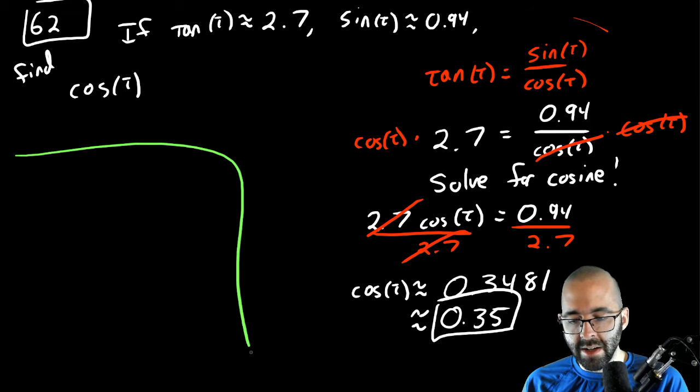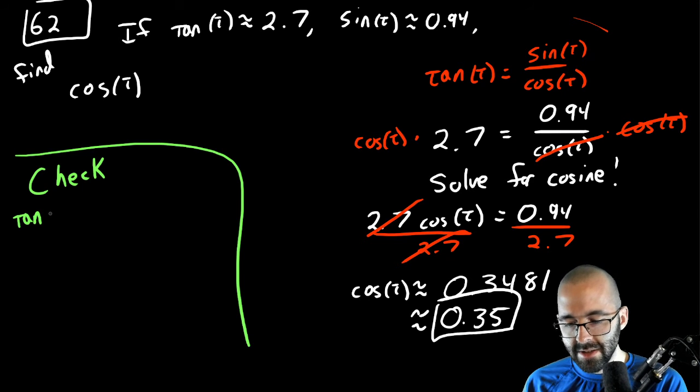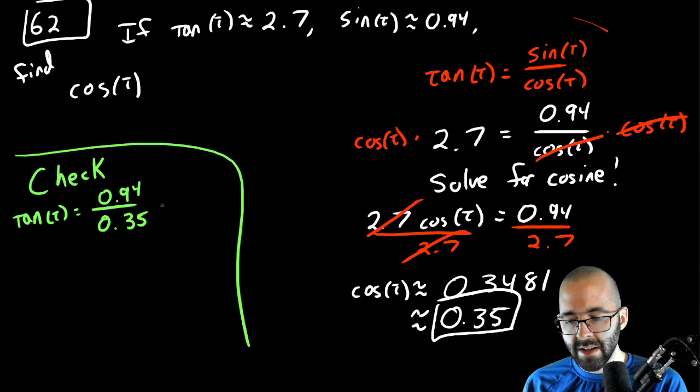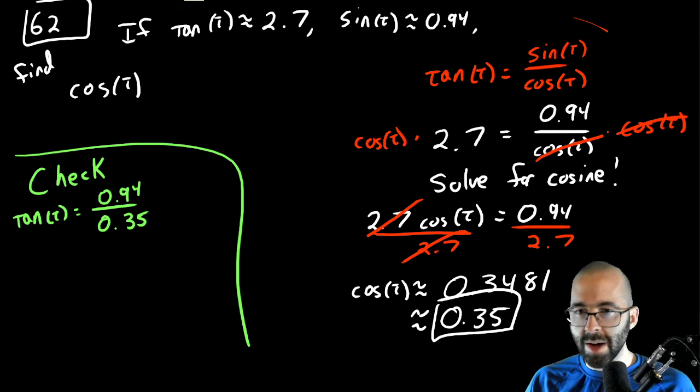And if we really want to be good, let's check our answers. Right? Tangent of t is sine of t divided by cosine of t. Is this about 2.7? Whoa, dropping everything.